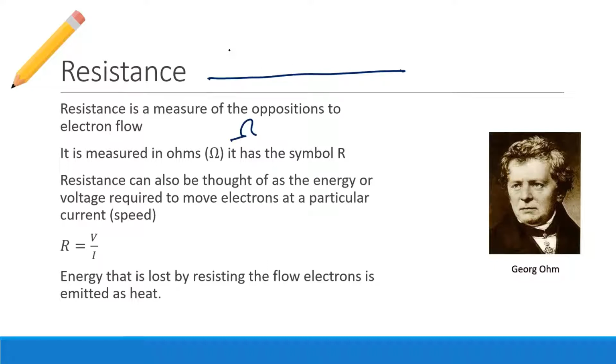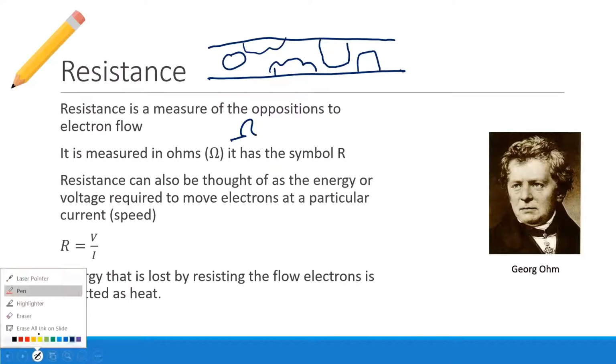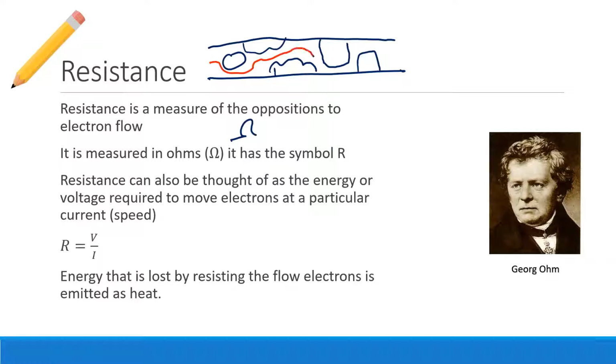So let's just say I've got this pipe, and in the pipe we've got a bunch of rocks. Or you can maybe think about this as a river, up to you. In order for the current, the electrons, to pass through, they have to negotiate this complicated path.